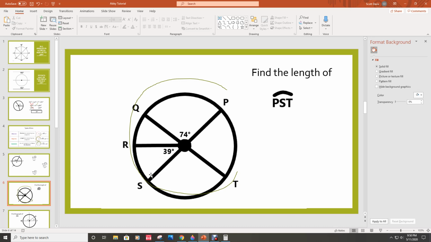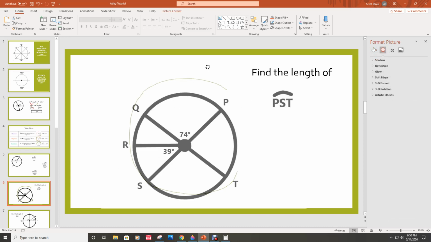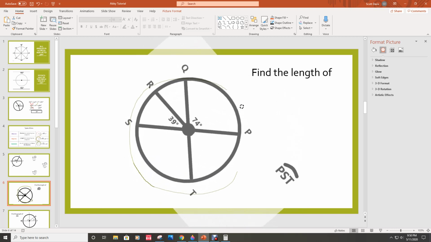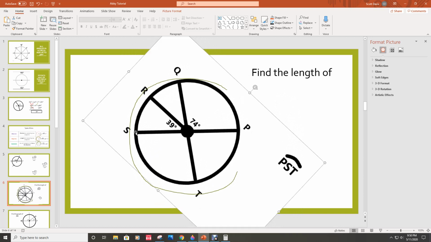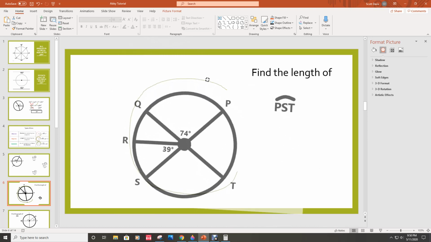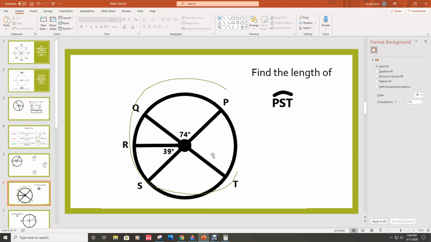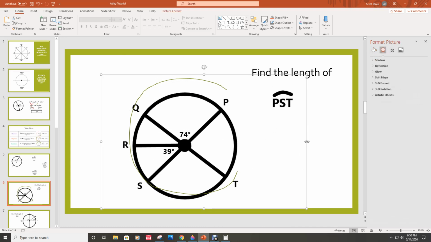So that means our circle is cut in half right there. Let me turn this circle a little bit so we can see that it's cut in half perfectly. I know that looks a little wild, but it's cut in half perfectly right here, okay? And it's given us 74 degrees, and it's given us 39 degrees. Half of our circle is 180 degrees, right? Yes.